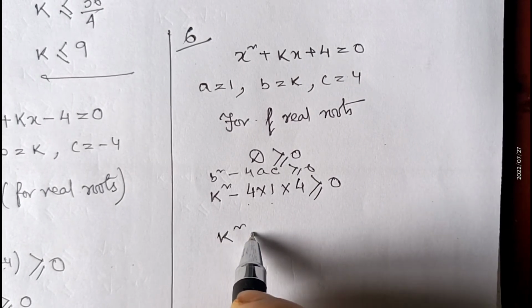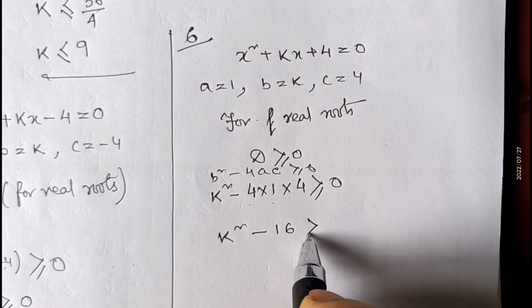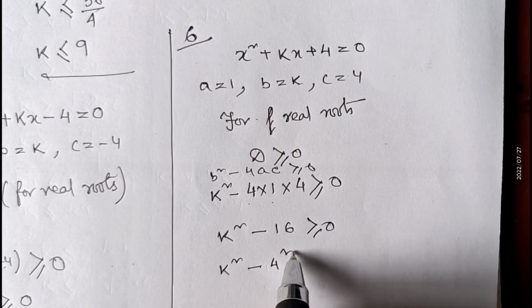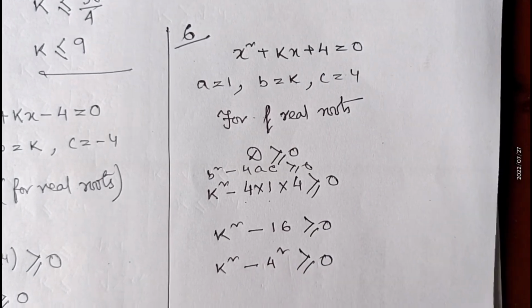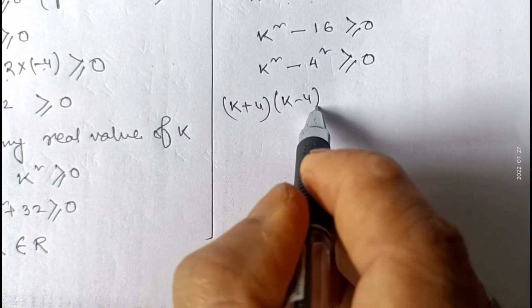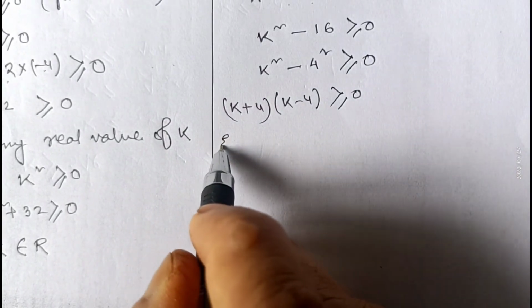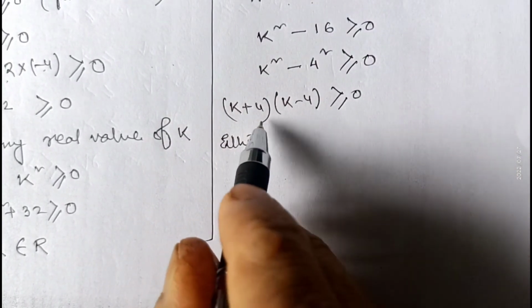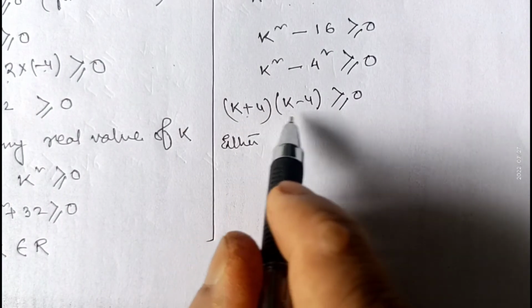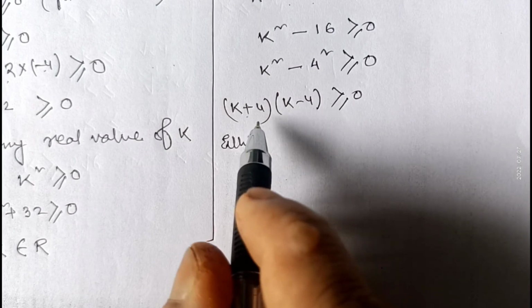So k square minus 16 is greater than or equal to 0, which can be written as k square minus 4 square greater than or equal to 0, which can be written as k plus 4 into k minus 4 greater than or equal to 0. Here we are multiplying these two numbers and we are going to get 0 or more than 0. So either both of them will be positive or both of them will be negative.